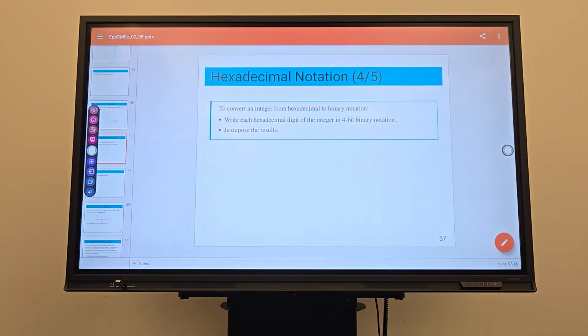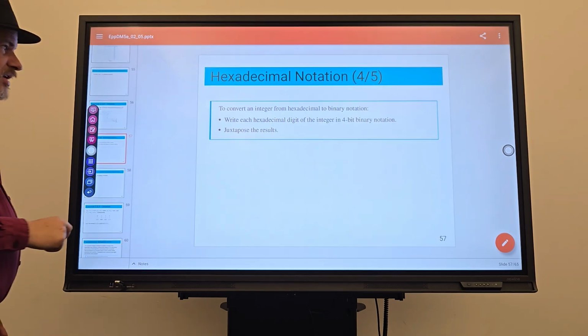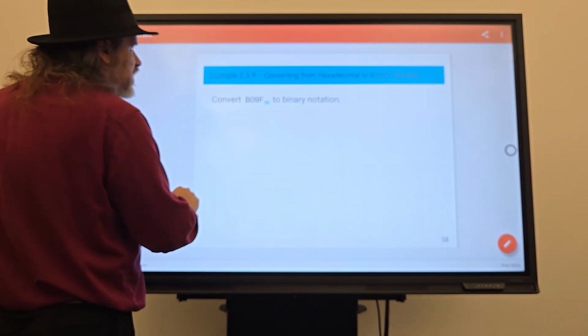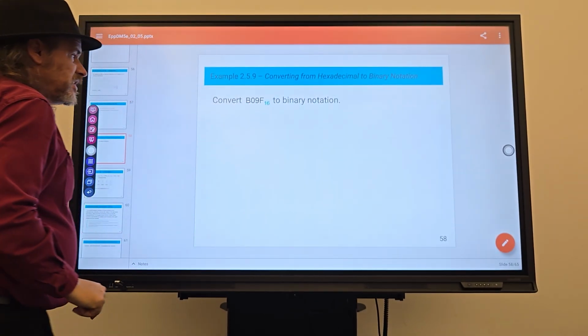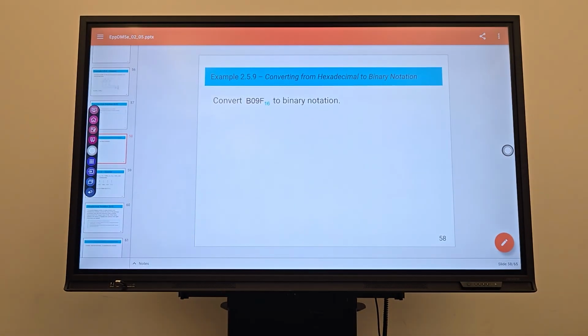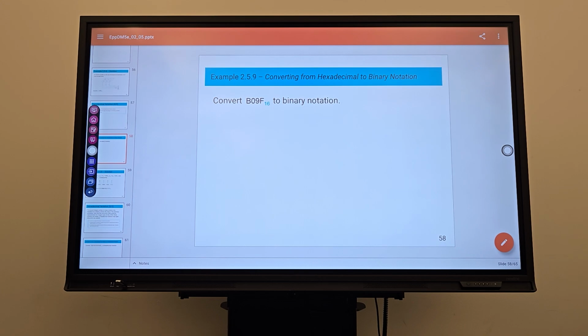Converting an integer from hexadecimal to binary is just substituting the binary combinations for each hexadecimal digit and just stringing them along. So B09F would be 1011000010011111.